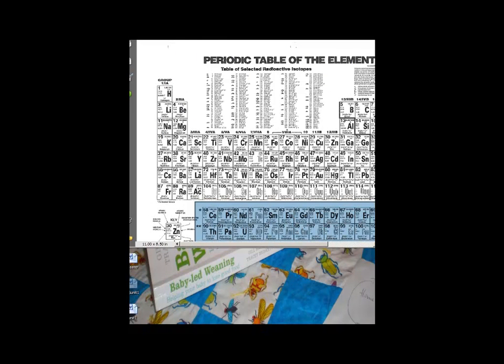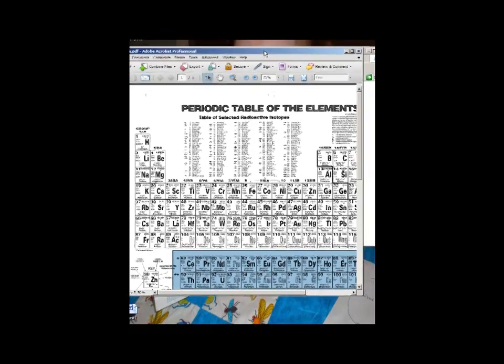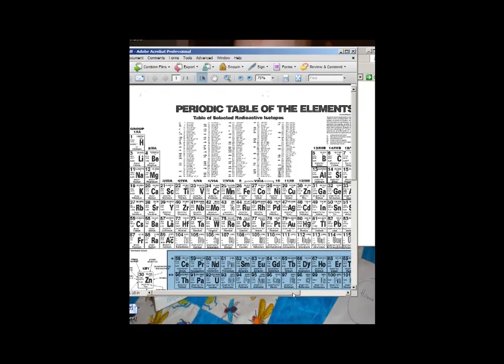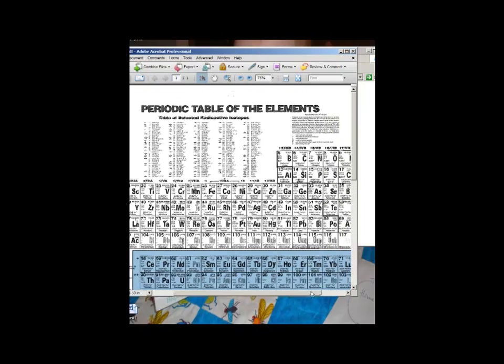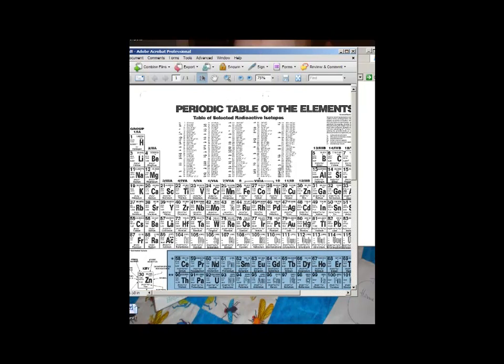So, carbon has 6 protons. And if you look on the periodic table, on my periodic table, look at carbon. Notice the number 6.